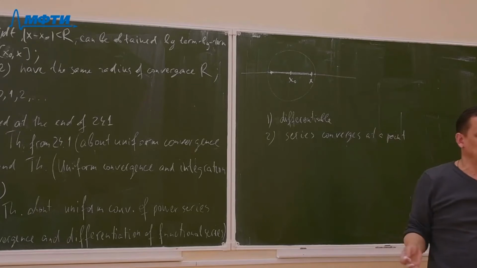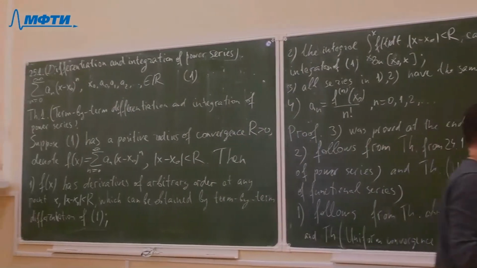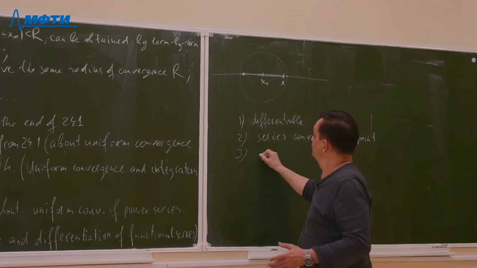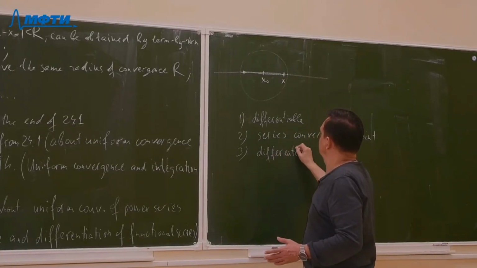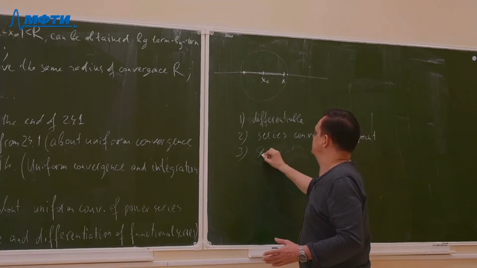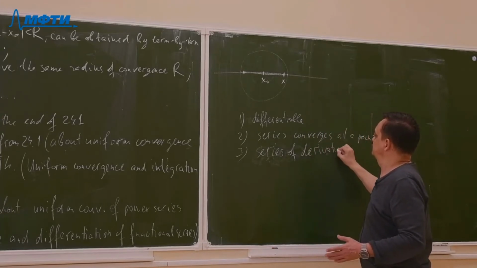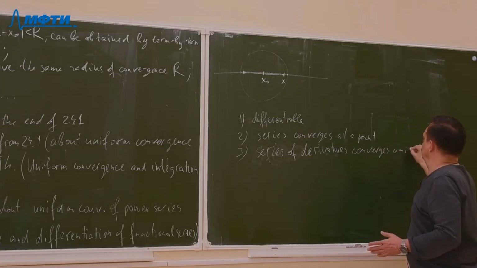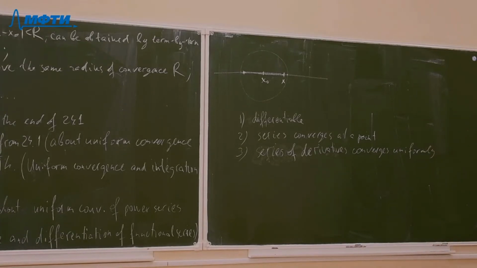We know more, it converges at every point of the interval modulo x minus x naught less than capital R. And the third condition, the differentiated series, or better to say the series of derivatives, converges uniformly. How to check the last condition?